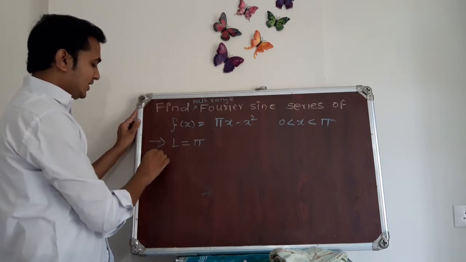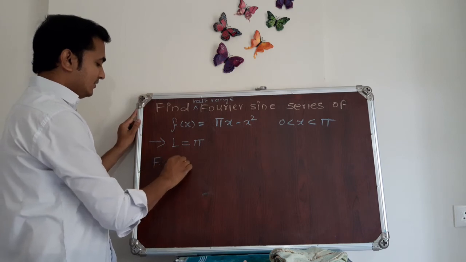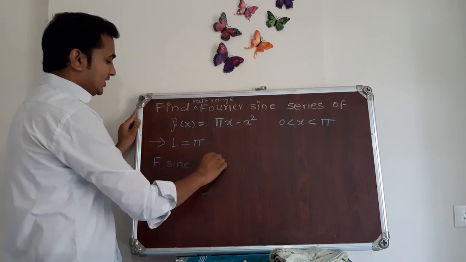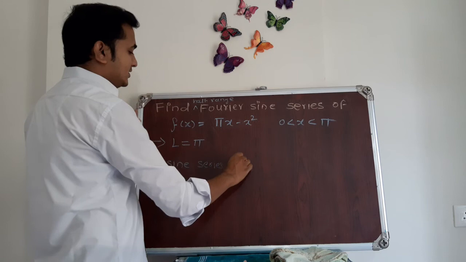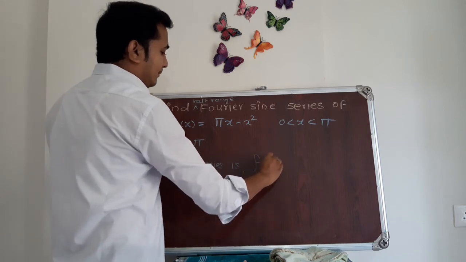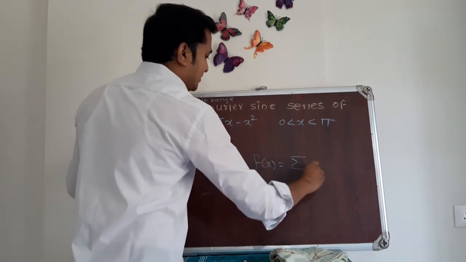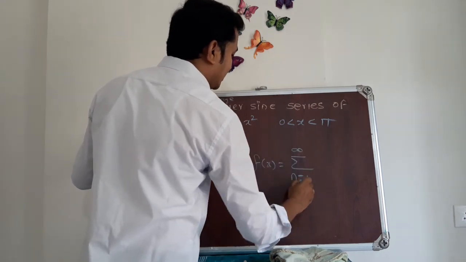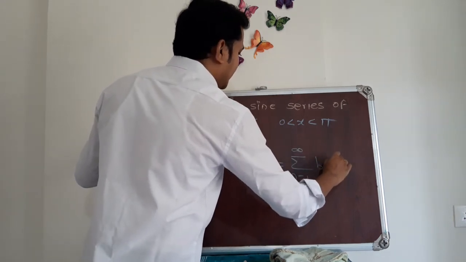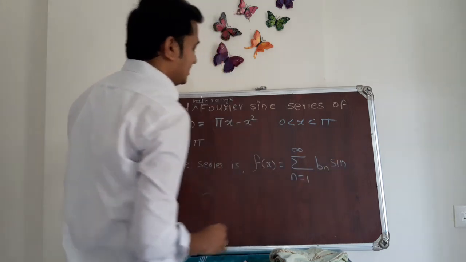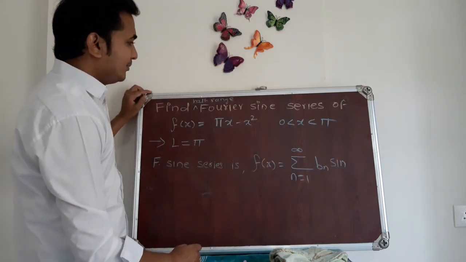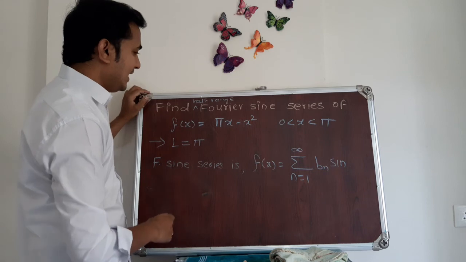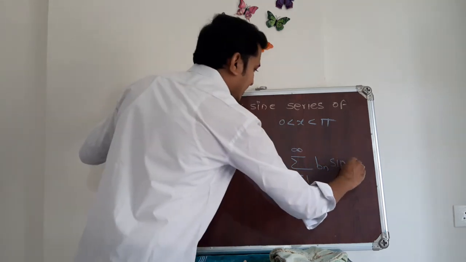Okay, so Fourier sine series is f of x is equal to summation n running from 1 to infinity, bn sine n pi x upon L, but L is pi, so sine nx only.